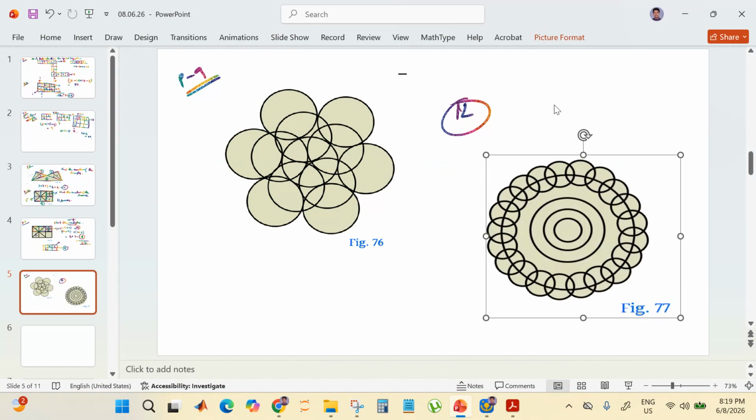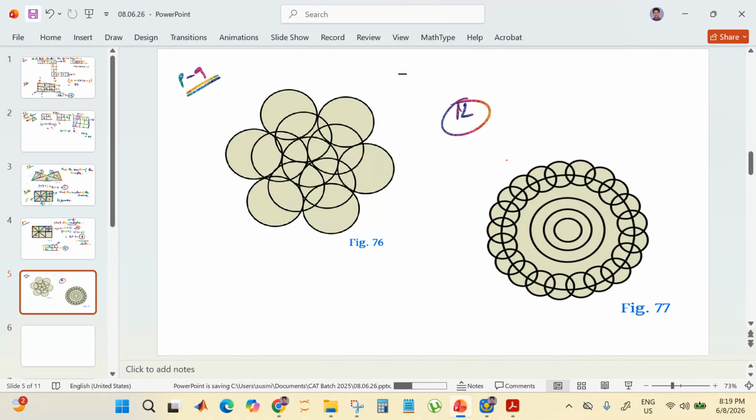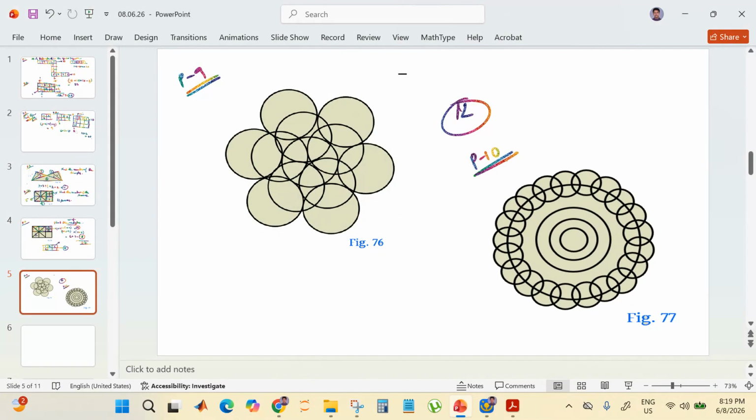It is problem number 10 for today. Right, 25 circles.